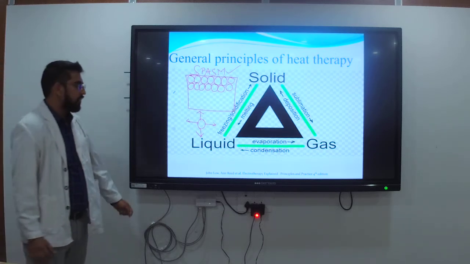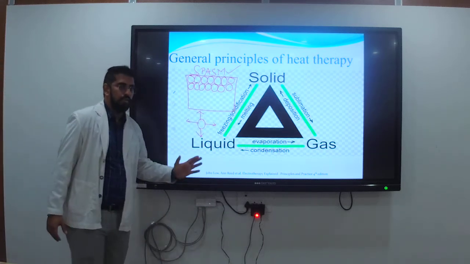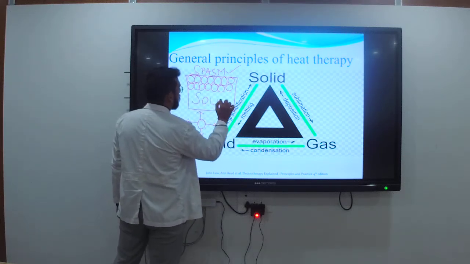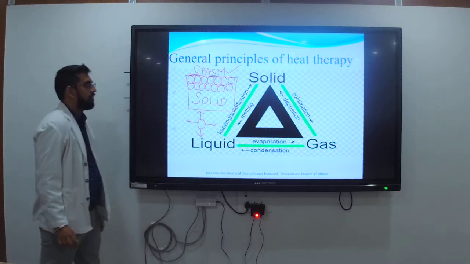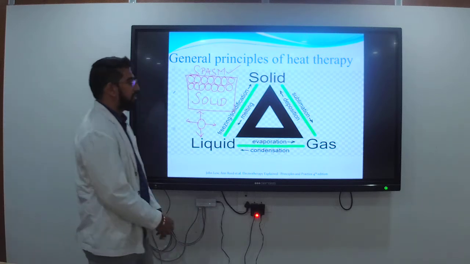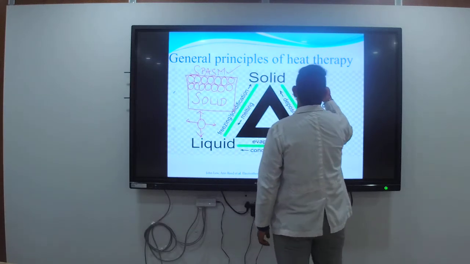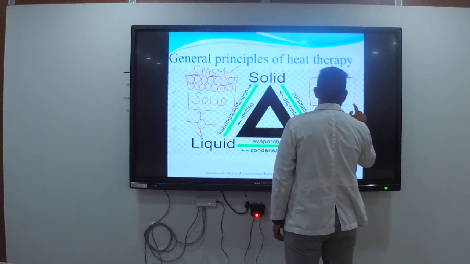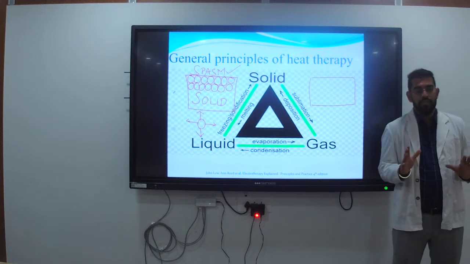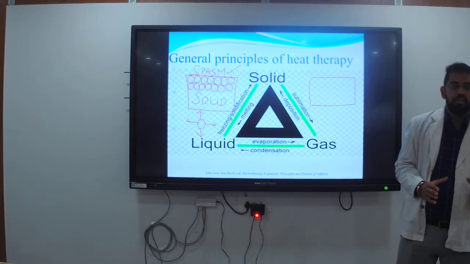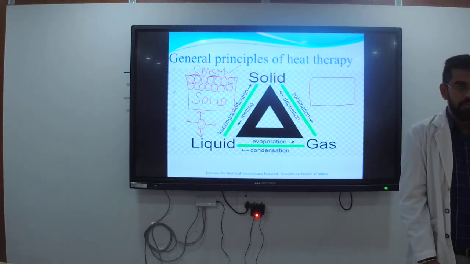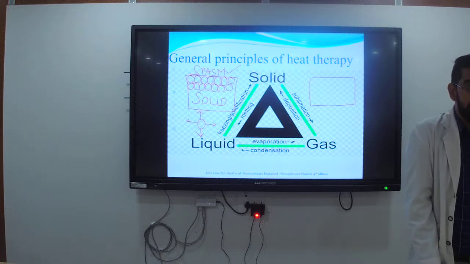Good. So now it is all about solid. Once we start giving our therapy at the concerned muscle, we start giving a hot, moist pack.